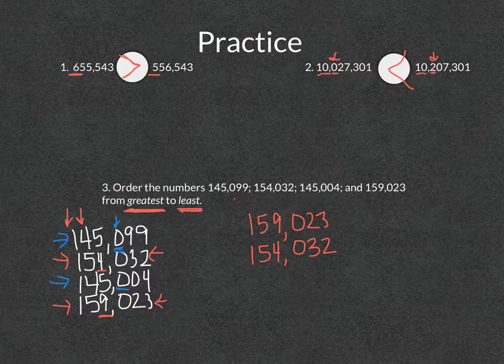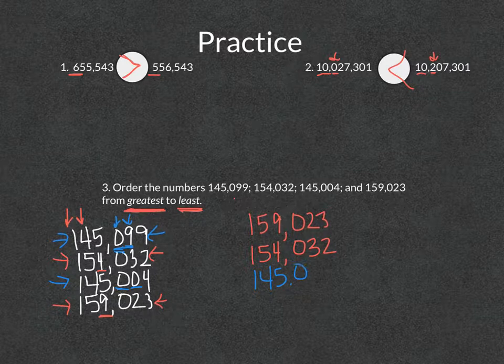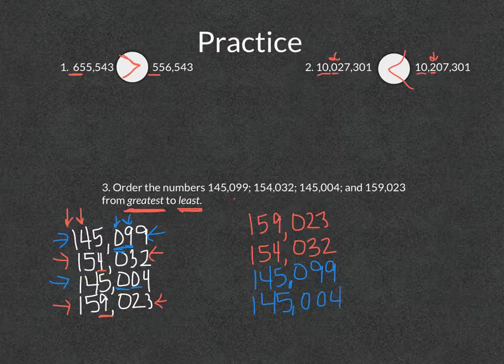Okay, that doesn't help. Then if I look at my tens place, I have a 9 and a 0. Okay, so this one's bigger. 145,099. Make sure that this looks like a comma, not a decimal. And then lastly, I have 145,004.